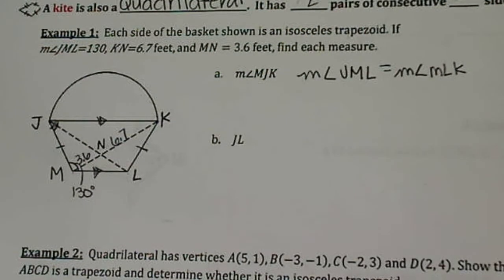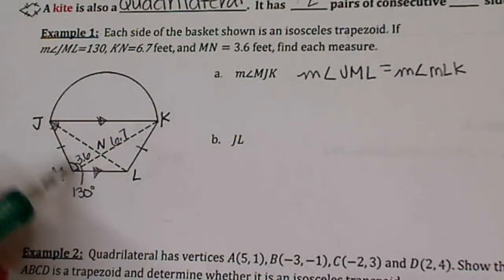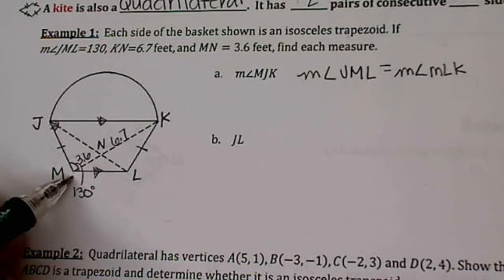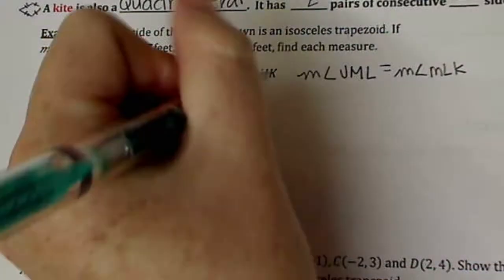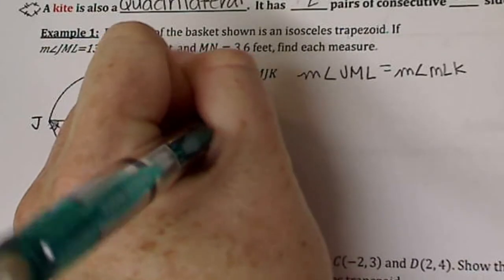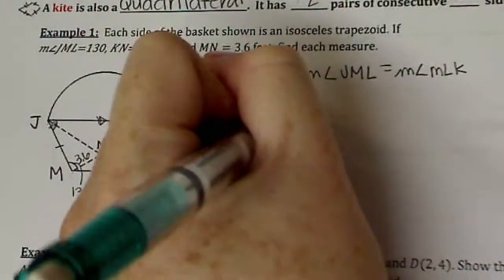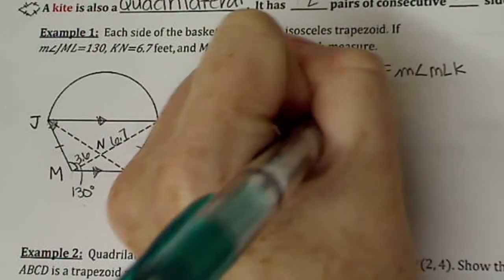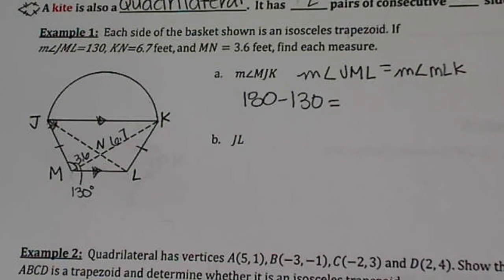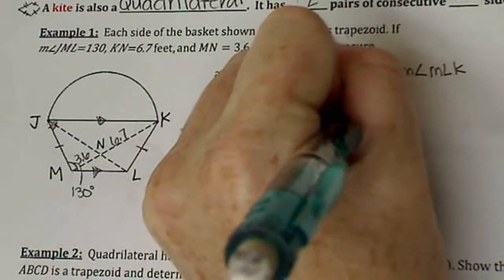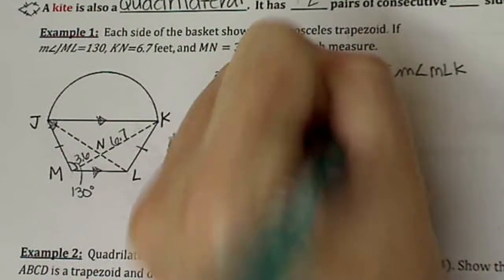Now that is cool because that means that these 2 angles are supplementary. And that is by theorem 6.21. So to find MJK, let's subtract 130 from 180. And we get 50 degrees. Awesome.